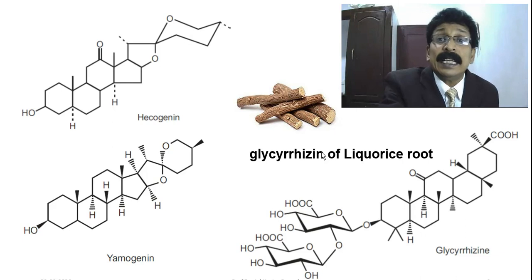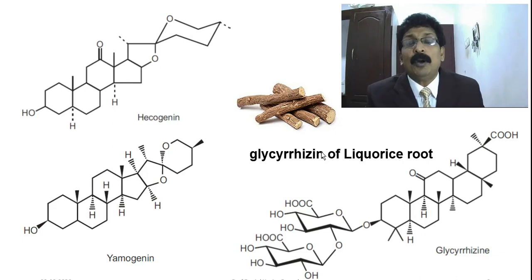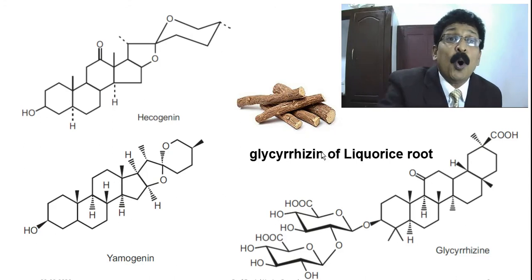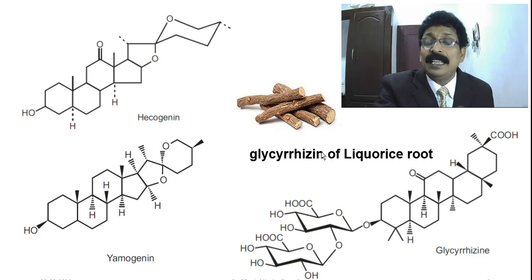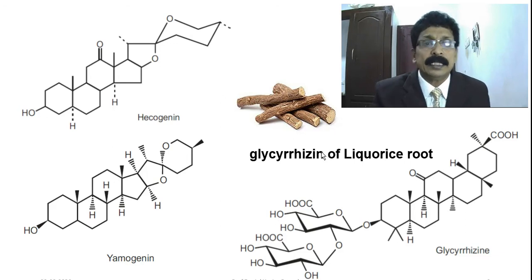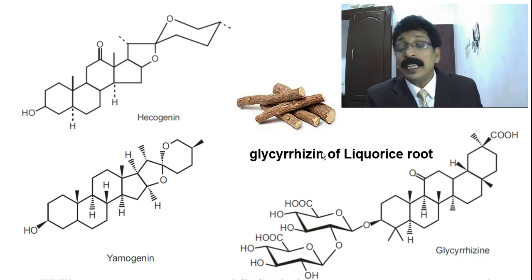The only difference is that one more CH3 is added in the six-membered ring, and there is a double bond O in ring C of the A, B, C six-membered rings of the phenanthrene structure in hecogenin. In diosgenin you do not have that double bond O. So you can remember that.